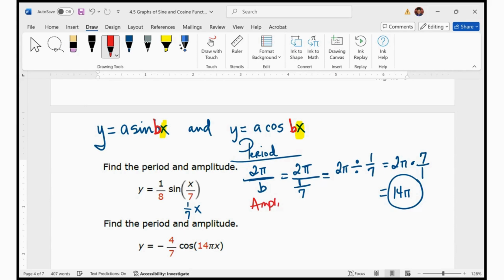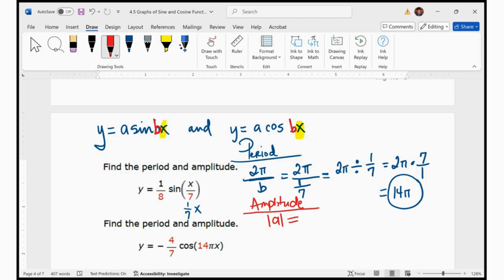Amplitude is the absolute value of A, and A is what here? 1 over 8.